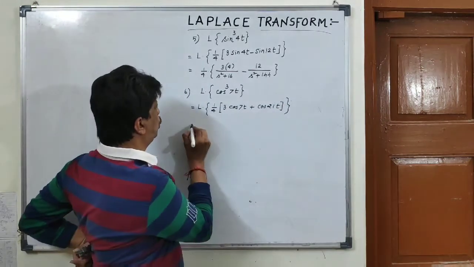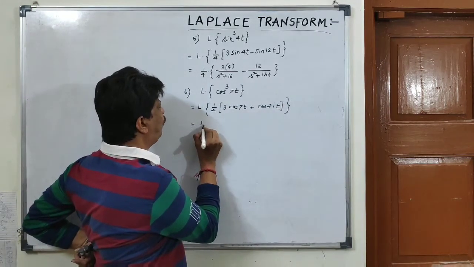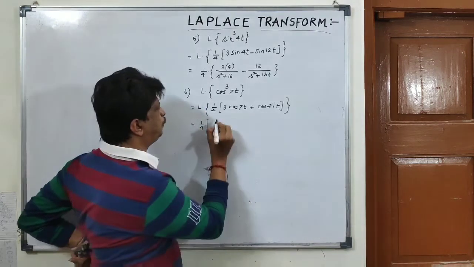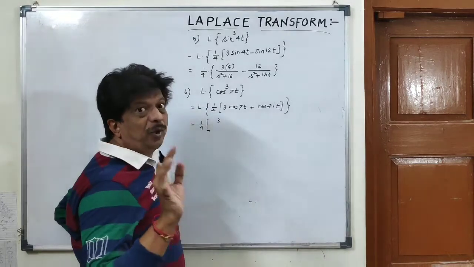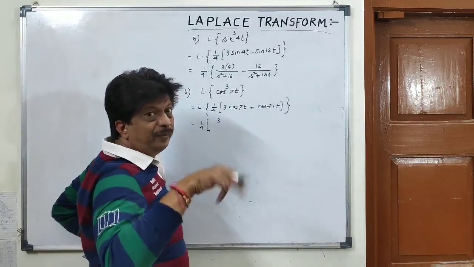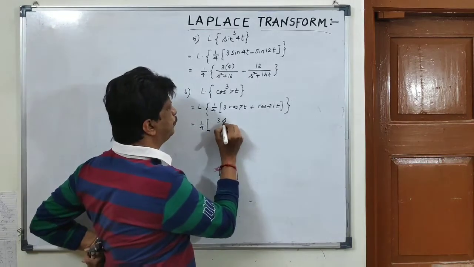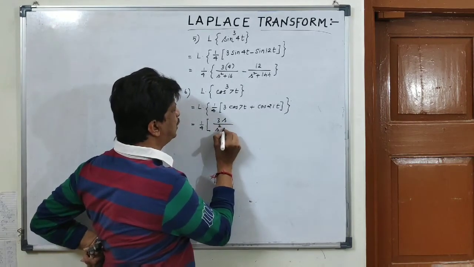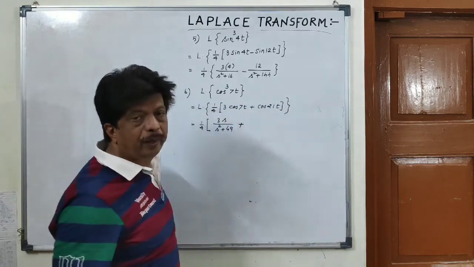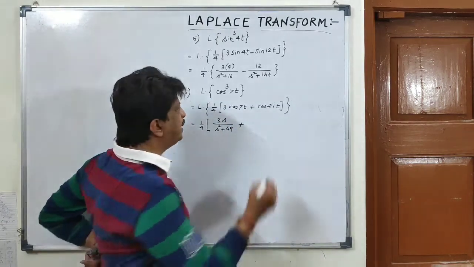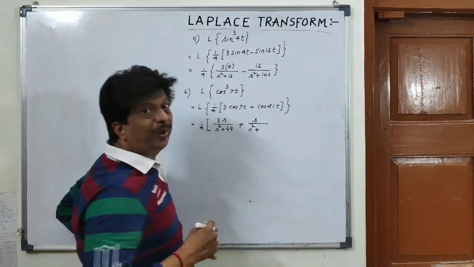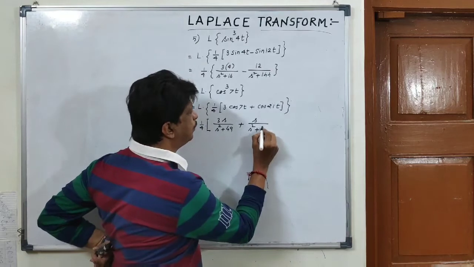That is further equal to 1 by 4 times 3 times Laplace transform of cos of 7t, which is s upon s square plus square of 7, 49, plus cos of 21t, it is s upon s square plus 21 whole square, it is 441.